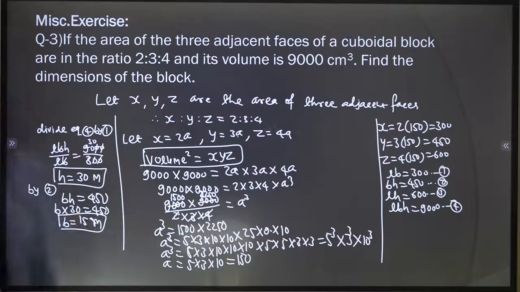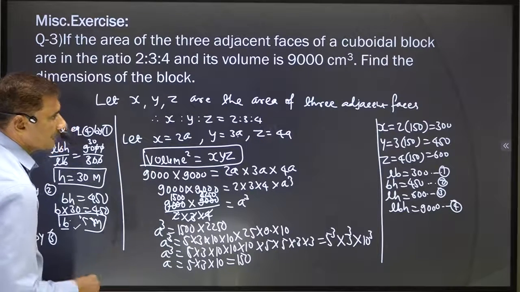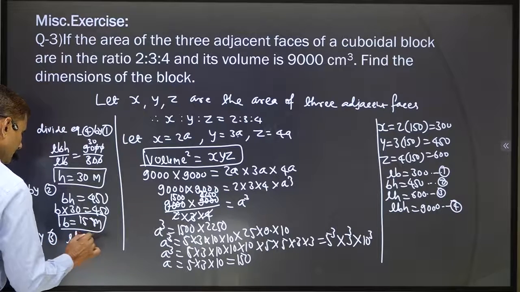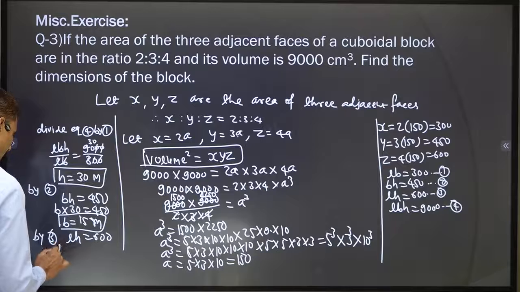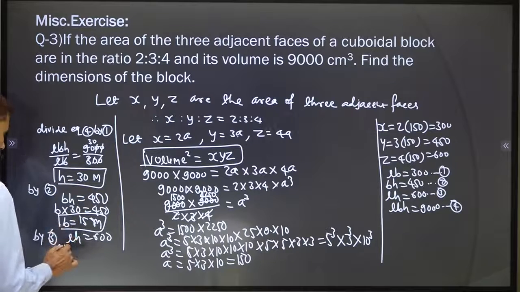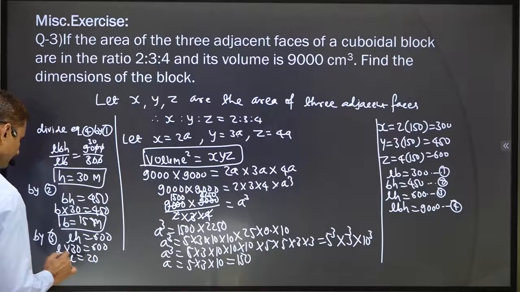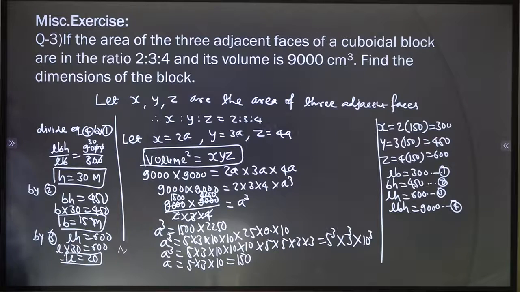I just divided by 30. Now by 3, same way. They have given L into H 600. We want L. Height is already found as 30. So L equal to 20 meters.